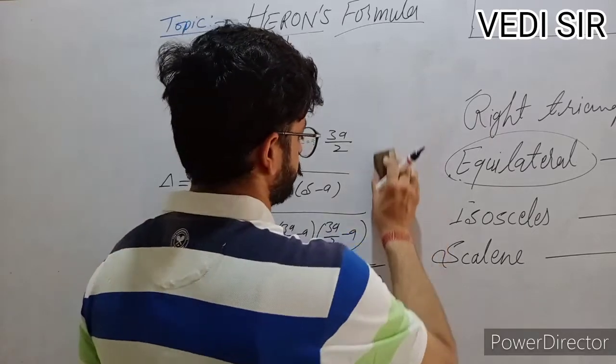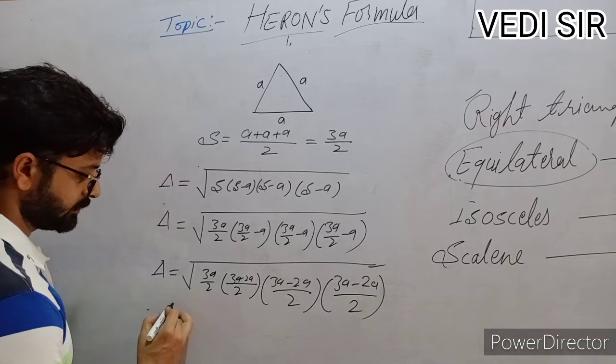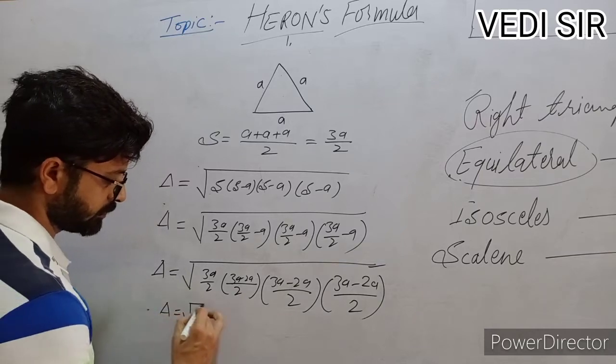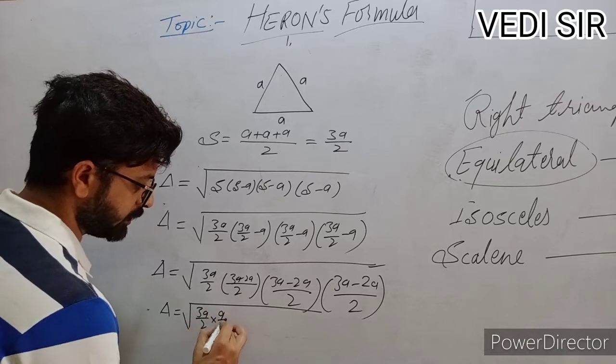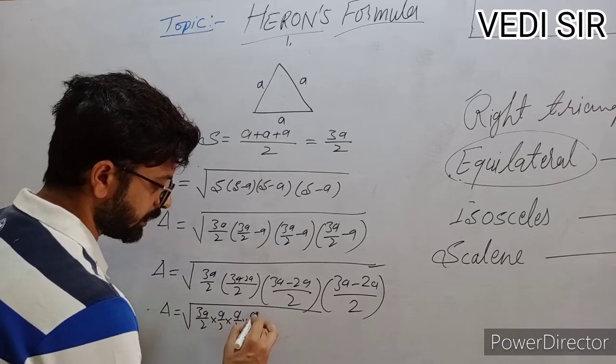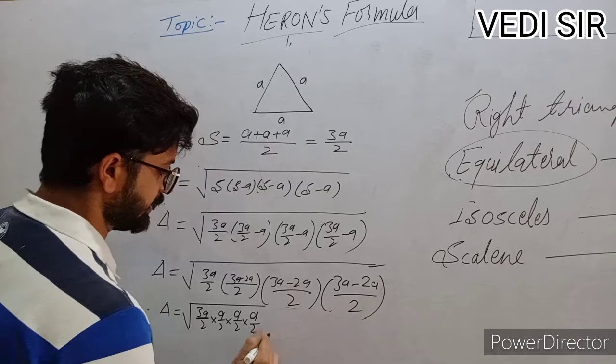Now see, 3A divided by 2 into A by 2 into A by 2 into A by 2. This you see, guys.